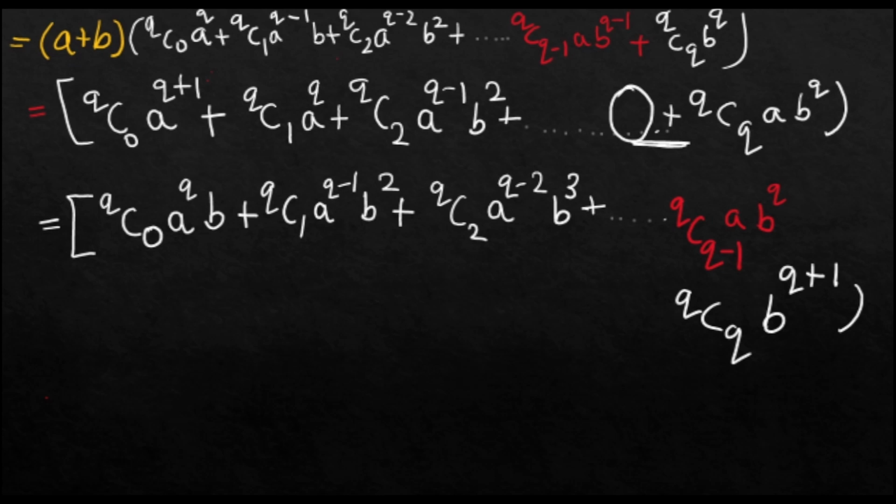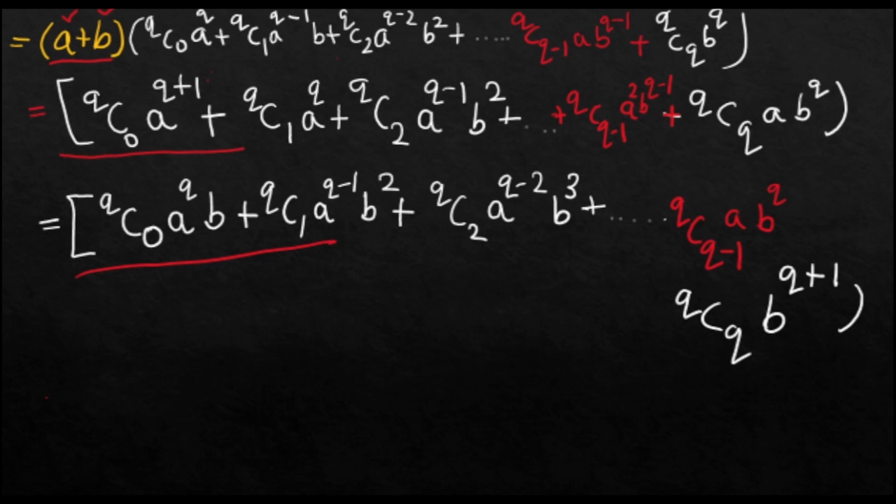Now try to write the previous term here. QCQ minus 1 A square BQ minus 1. In this binomial expansion, the first part is multiplied with the expansion, then the second part is multiplied with the expansion.